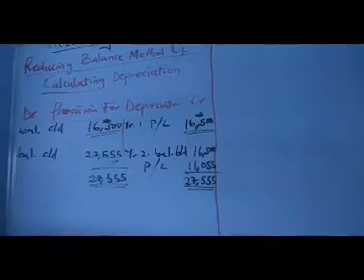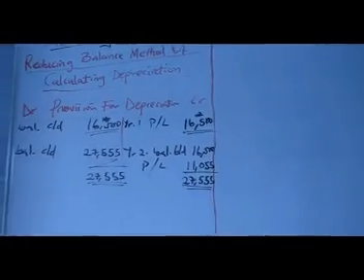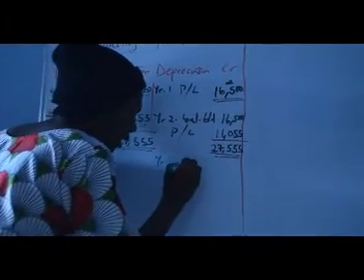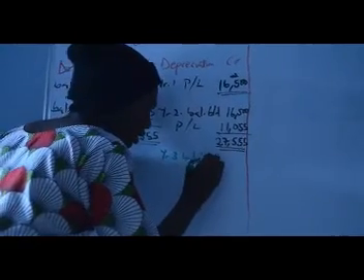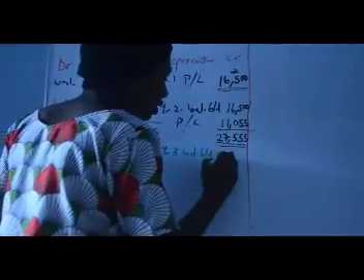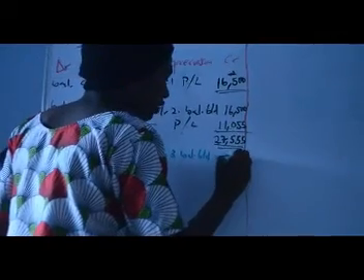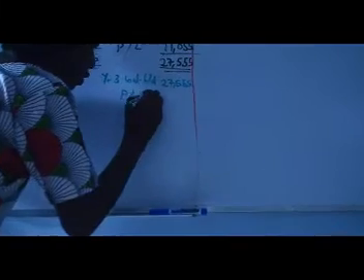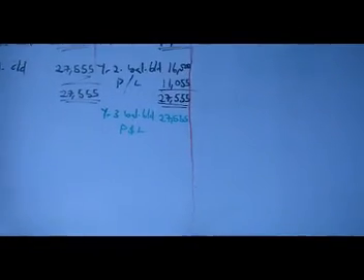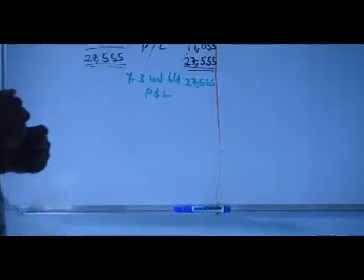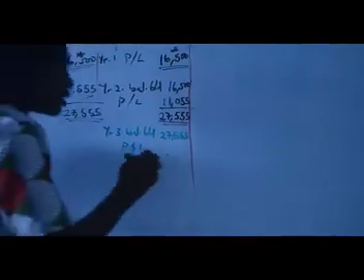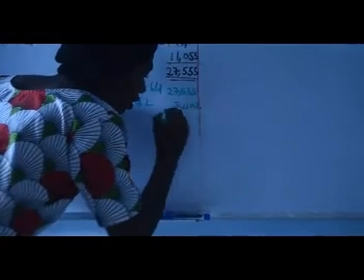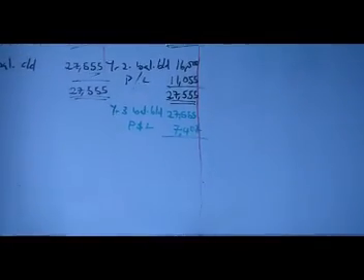Now for our third year, our balance brought down is still 27,555, right? We are also adding our income from profit and loss. Our income from profit and loss for the third year is 7,407. So we are going to add that up.